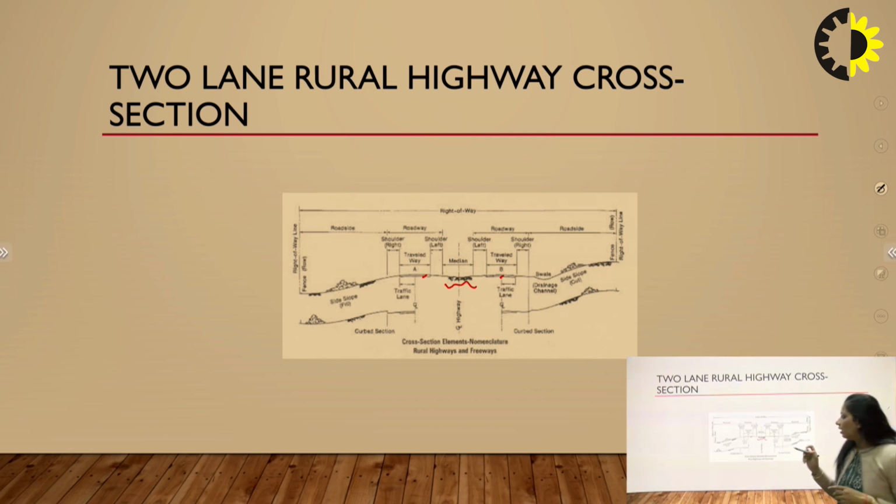Now there is another provision of shoulders on the left side of a particular lane and the right side of the lane. What is a shoulder? Shoulder is like unsurfaced pavement, unsurfaced road along both sides of a surfaced road.